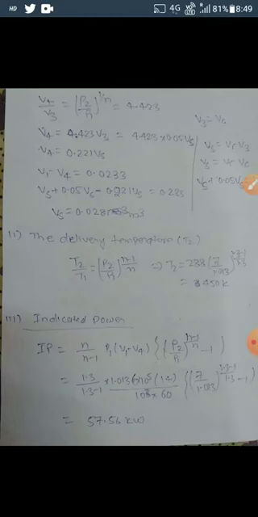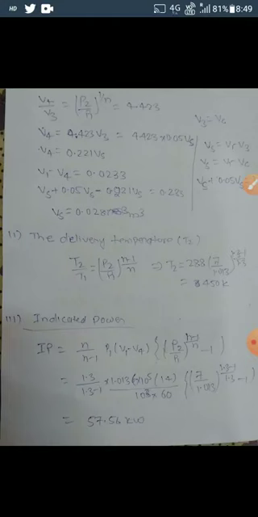So you can write 1.3 by 1.3 minus 1, and the pressure P1 is 1.013 into 10 to the power 5 Newton per meter square, and V1 minus V4 is 14. If you want the answer in kilowatt, divide by 10 to the power 3 into 16.